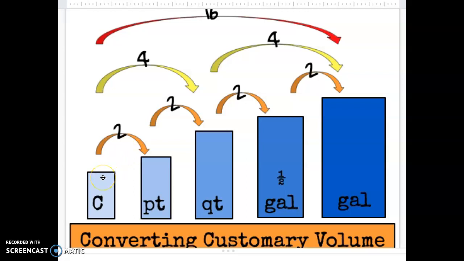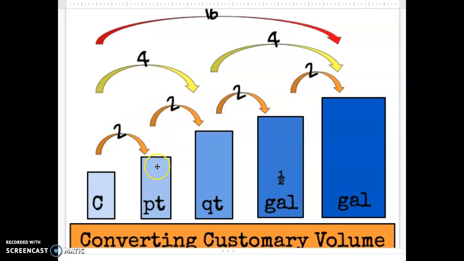As we hop from cups to gallons, it's 2, 4, 8, 16 cups in a gallon. Okay, that's some of what these arrows are reminding you of, is that we're not adding 2 plus 2 plus 2 as we go. We are multiplying. So if you have to make 2 hops, it's actually 4. It's the 2 times the 2.